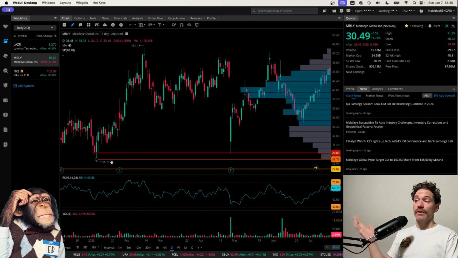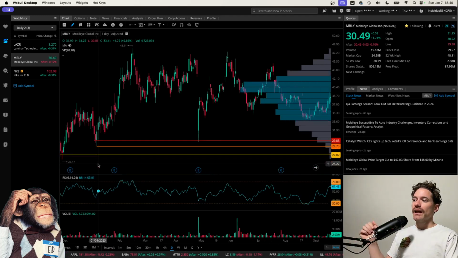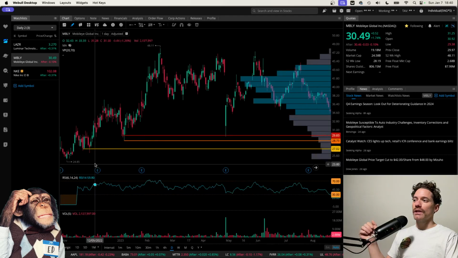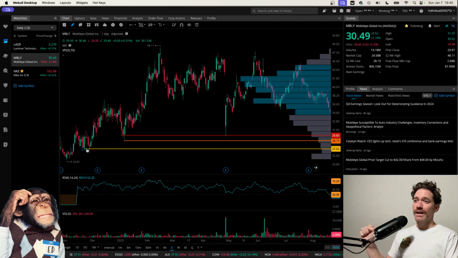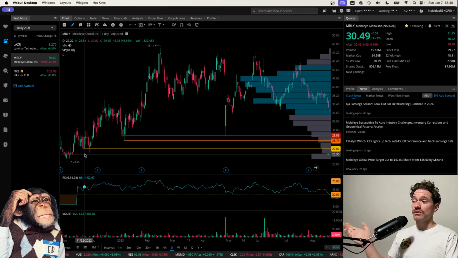And then this intermediate level, this orange line, is based on the low of January 6th, 2023. And then I do have this third level here drawn in yellow at about $27, and that is based on the low of November 22nd, 2022.